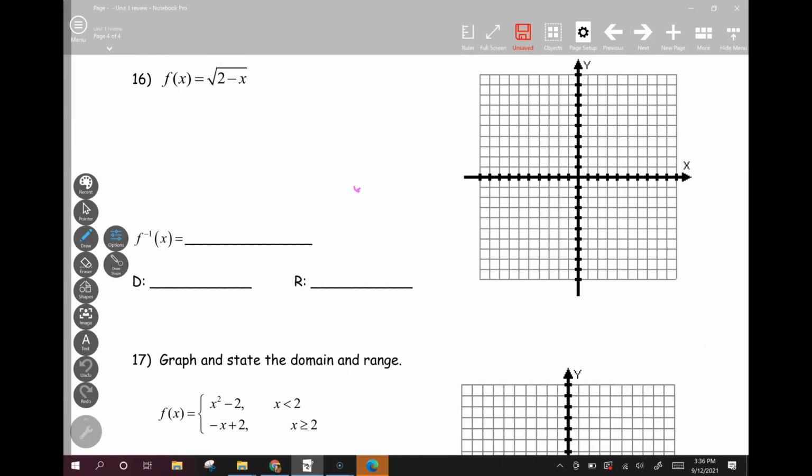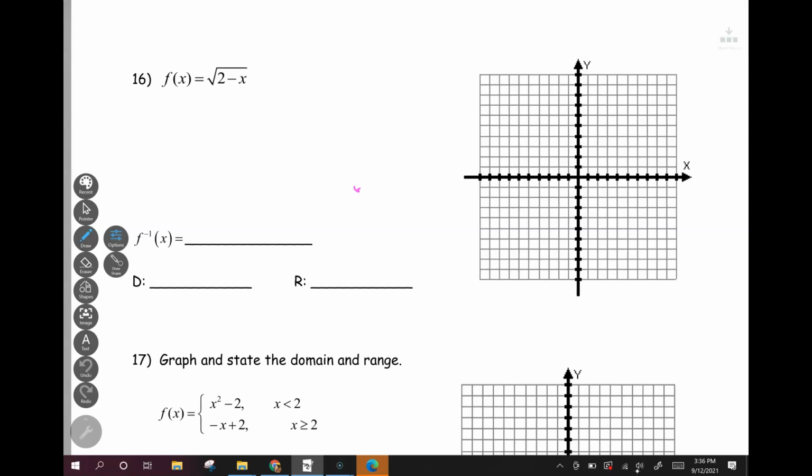Number 16. Okay, so we want to first graph that. This one's a little tricky, the way that it's written. So let me rewrite that. This is the same as the square root of negative x plus 2. Okay, so this is going to make your graph go left 2 and then negative x, which makes it reflect over y.